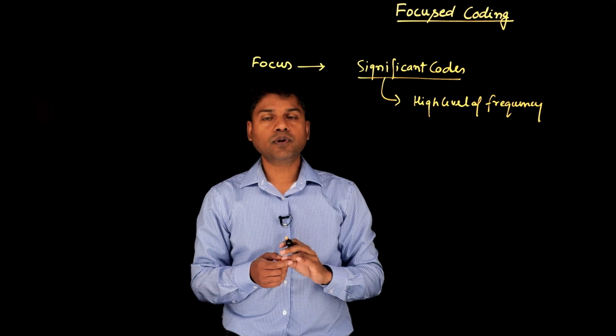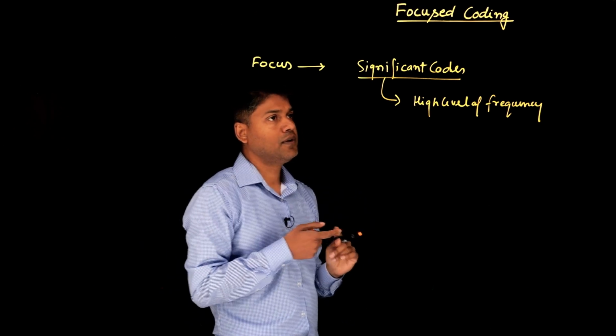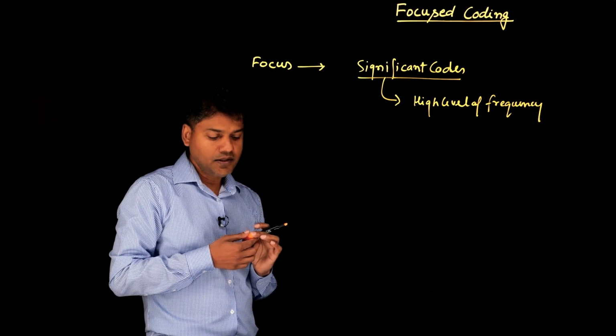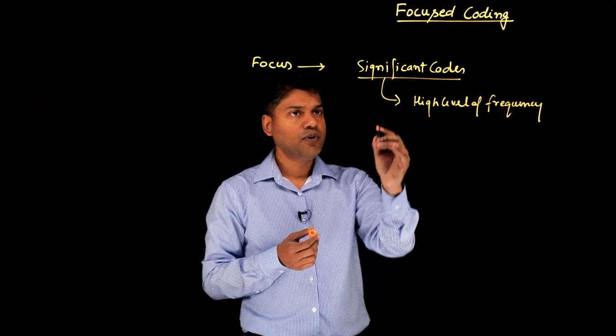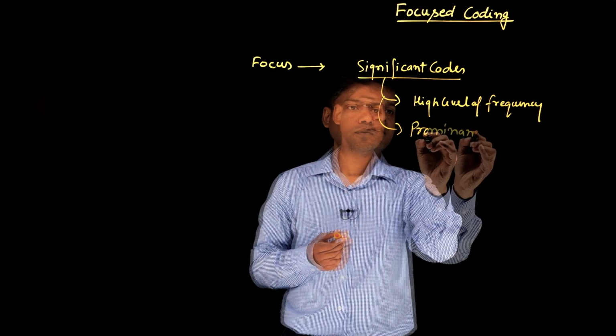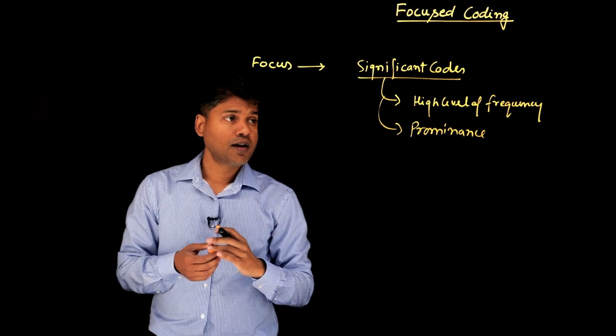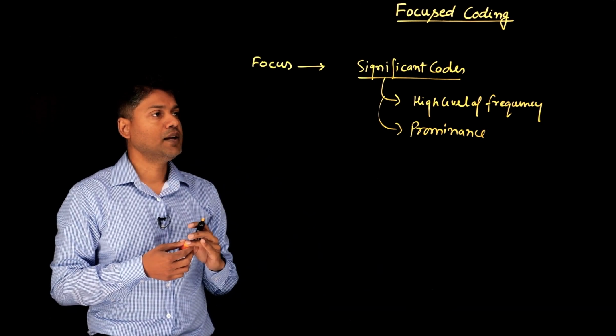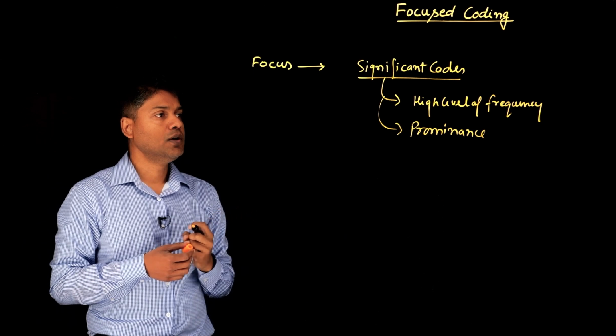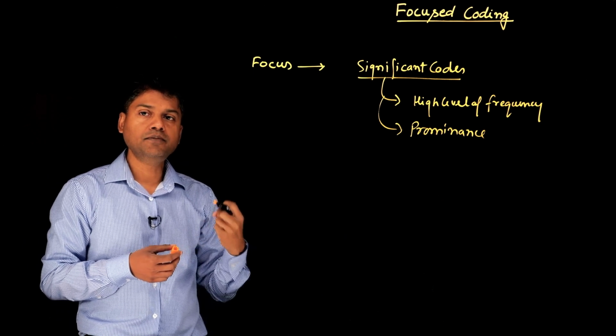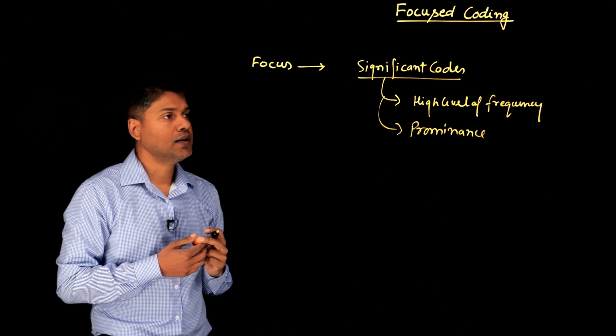The codes are significant because they have a high level of frequency in the data. They are very prominent also. Prominence means that they are often referred to, and they seem to have some important role in understanding the phenomenon that we are investigating.